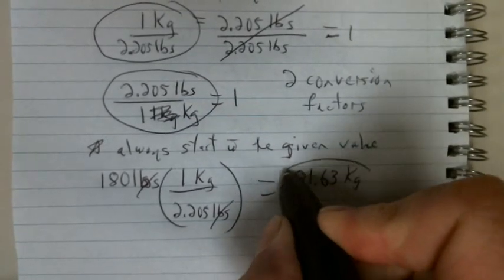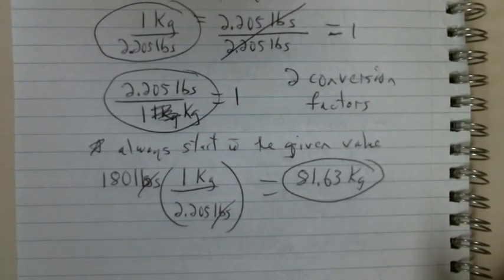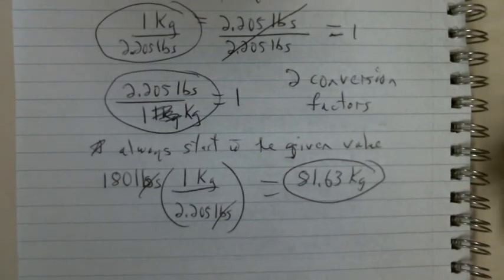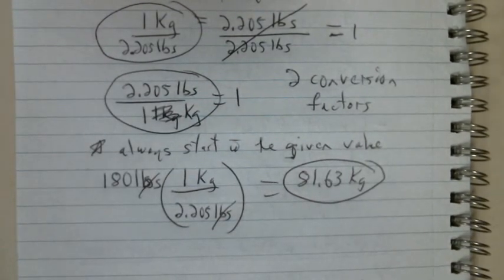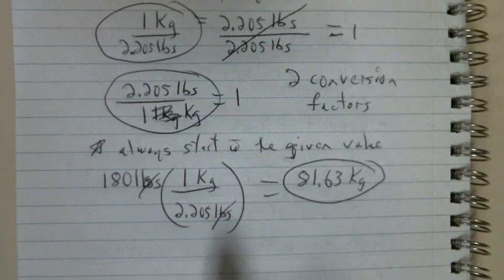And that's our answer. Now, does that seem better than the ratio method yet? Probably not, right? If it's a one-stepper and the ratio method makes sense to you because you get proportional reasoning, that's fine. But what's powerful about this is, what if you have to convert through 2, 3, 4 steps in a stoichiometry problem?